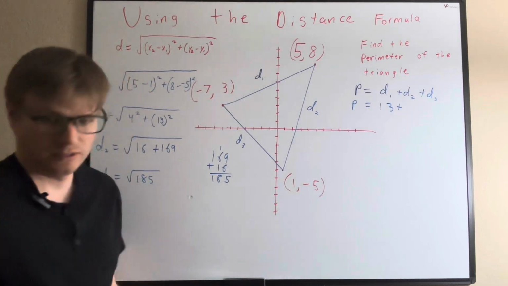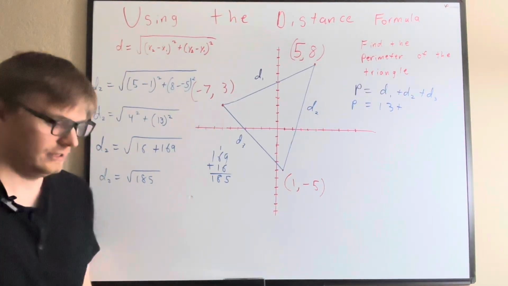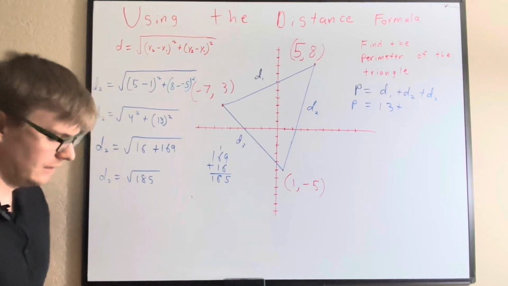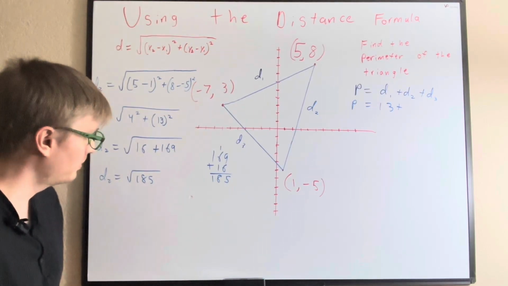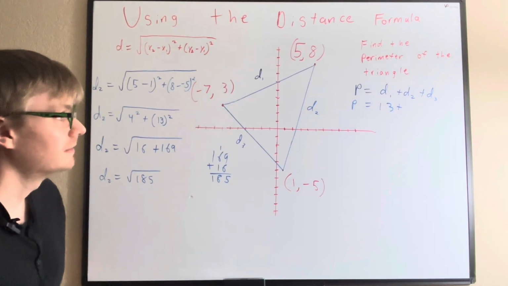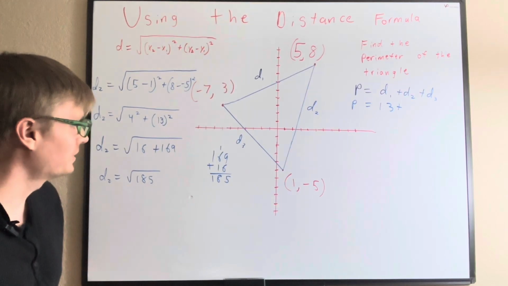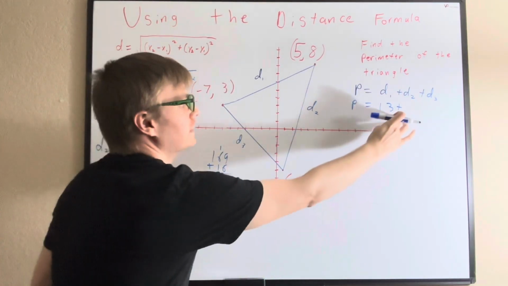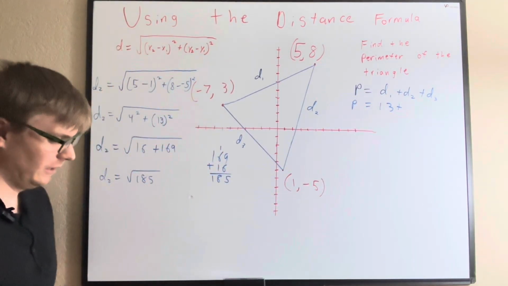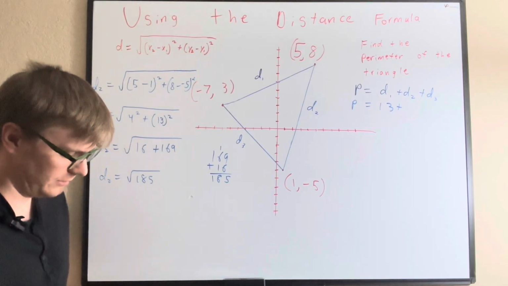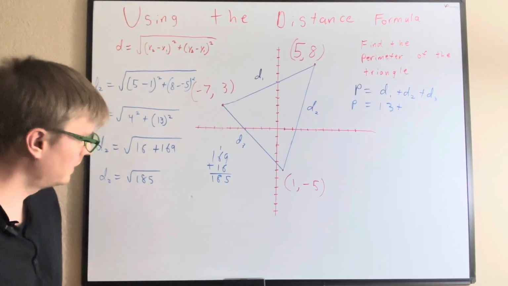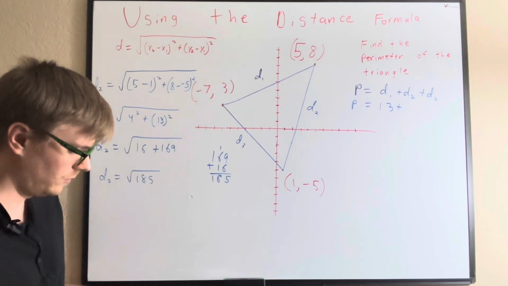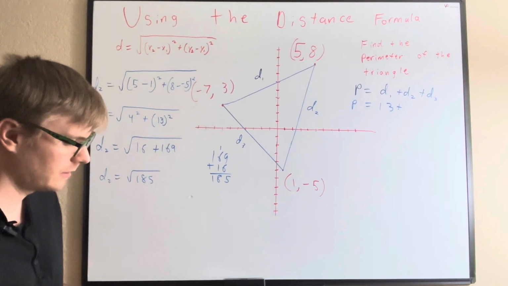Now, here's where you break out the calculator. Did this on purpose because not all of your math problems are going to work out perfectly to get a perfect square. A lot of numbers out there that are not perfect squares. So, square root of 185.